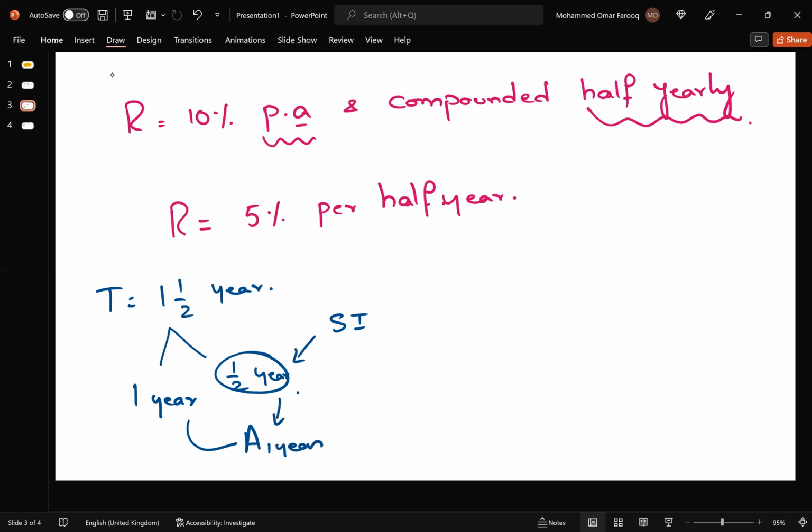This simple interest added to the first year amount gives the amount after 1.5 years. So this is the concept. Is it right? It's fine.